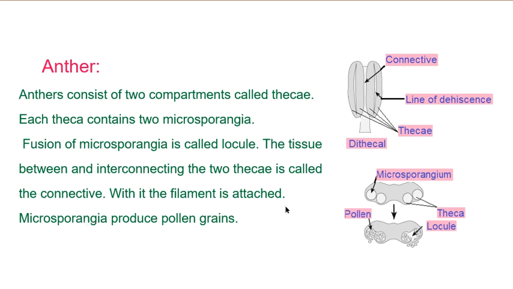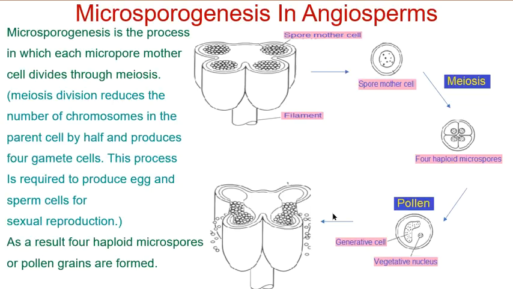With it the filament is attached, and microsporangia produce pollen grains. Now this is the structure of anther. Moving forward, we will see how microsporogenesis happens, meaning how the microspores or pollens are formed inside the anther.